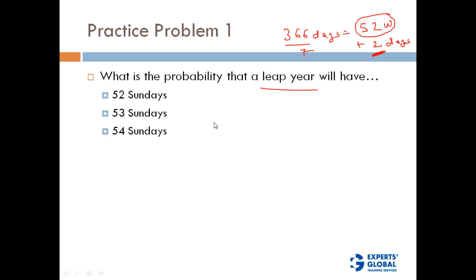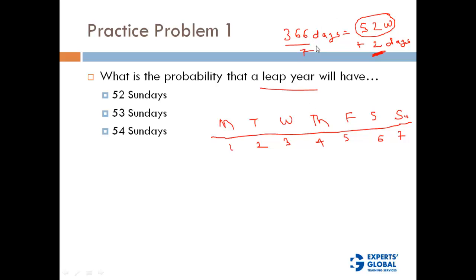Correct? Now let's look at the calendar. Thursday, Friday, Saturday, Sunday. Let's say 1st January of this particular year starts on Monday. 1, 2, 3, 4. This is how the calendar is going to go, right? If you continue it all the way till the 364th day, 364 is going to fall here, 363 is going to fall here, 362 is going to fall here, that way.